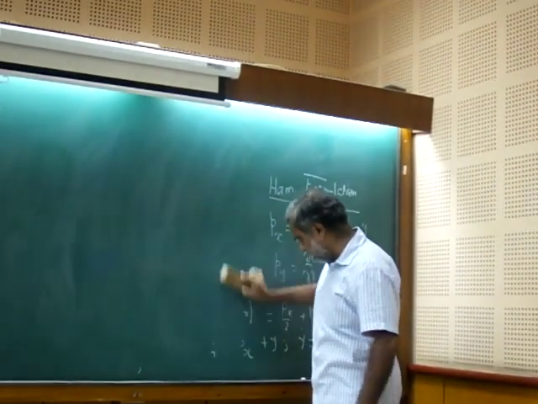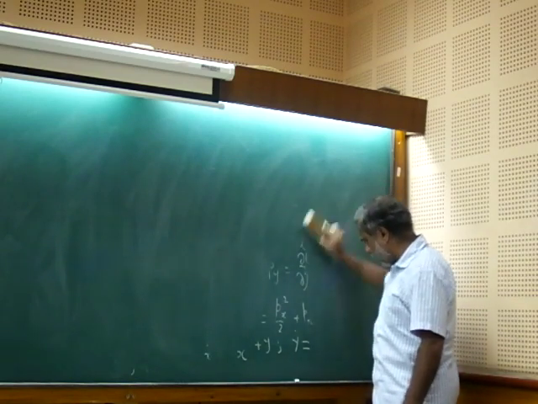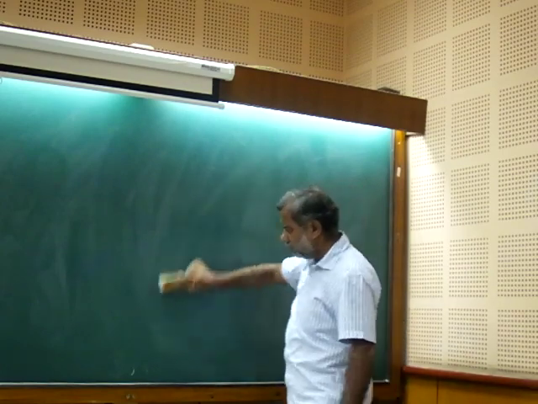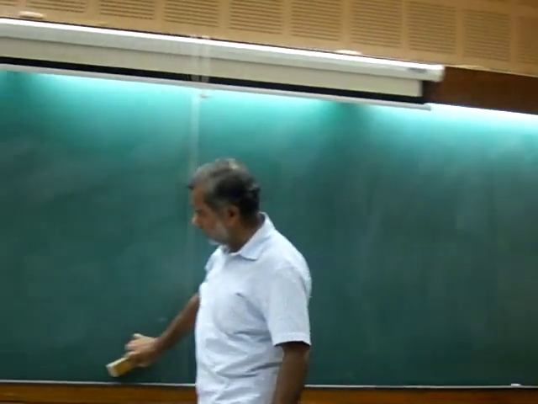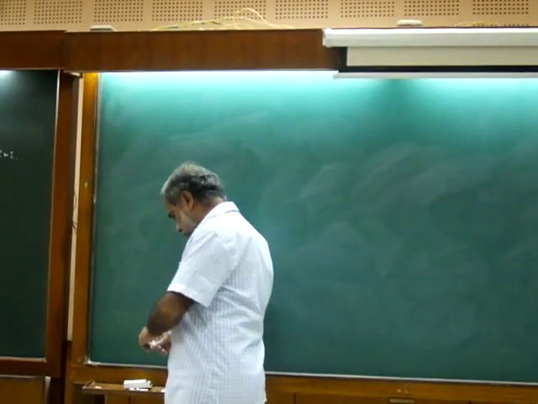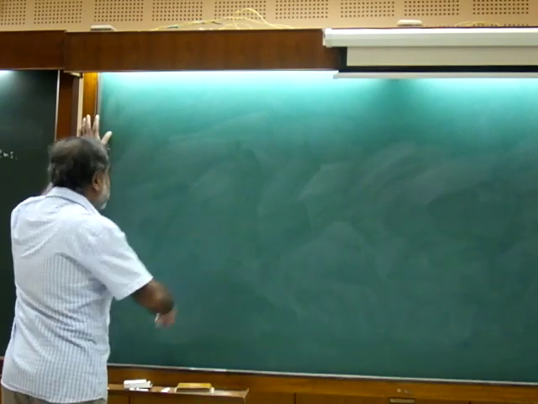Gravity, string theory, all these are constraint systems. So it is always nice to have some formulation where you can actually work with these systems. Okay, so I will very quickly discuss in general terms.